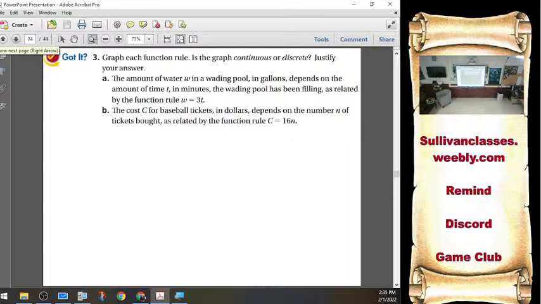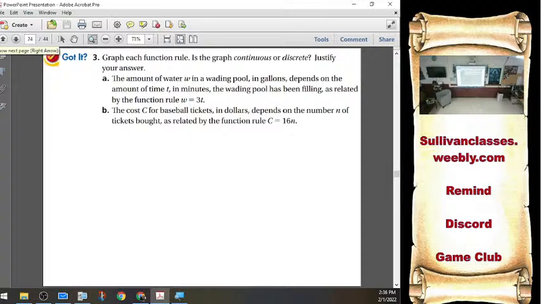The amount of water in a wading pool in gallons depends on the time that it was being filled. So, do you have to turn it on for a minute, stop, 2 minutes, stop, 3 minutes, stop, or could you have it on for 3 minutes and 40 seconds? So that's continuous.